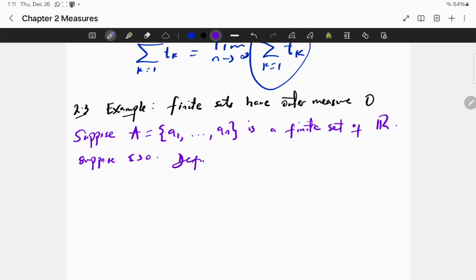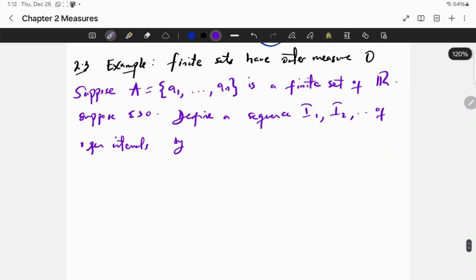So we can define a sequence of open intervals I1, I2, and so on. In other words, we want to cover the whole of A with these open intervals.